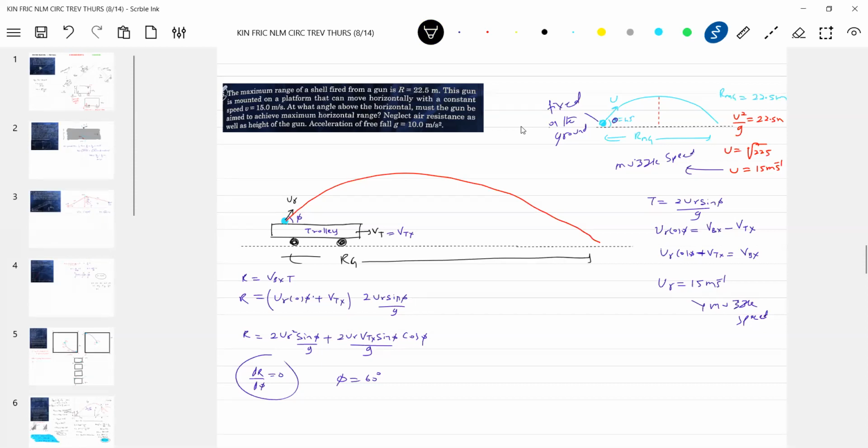After this, the trolley will be somewhere here. I'm not bothered about that. Maybe if it is a long trolley, it will strike on the trolley itself. I'm not bothered. The trolley will continue to move. This is the range that is being asked. So this has to be maximum. So what is that R? R is this particular thing. This has to be maximized.